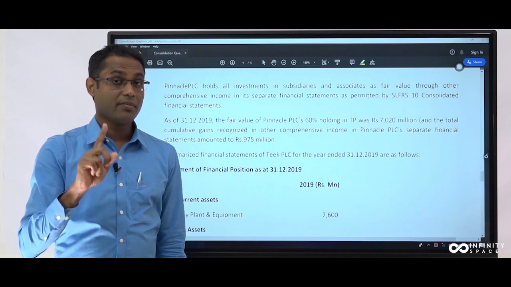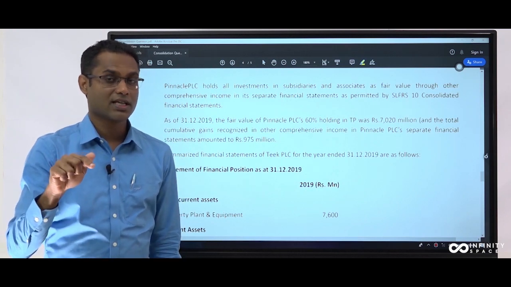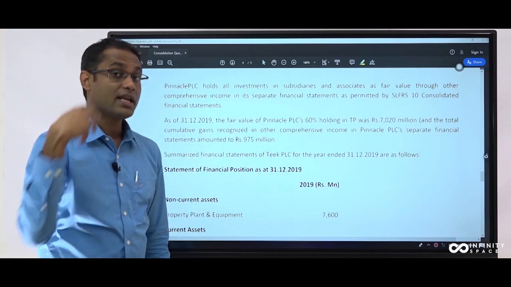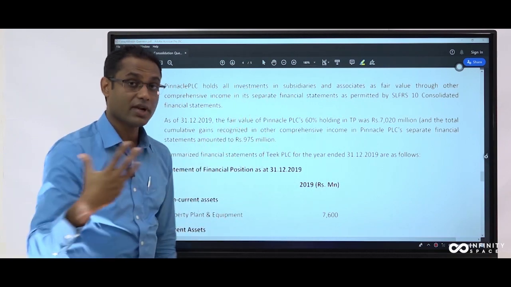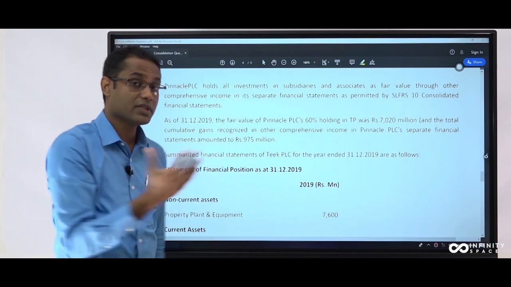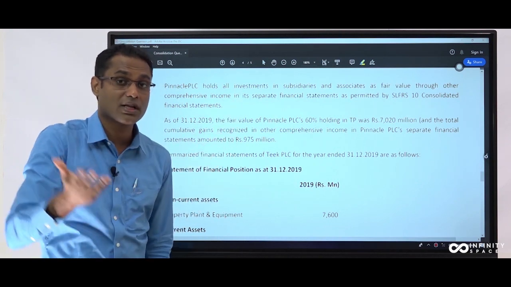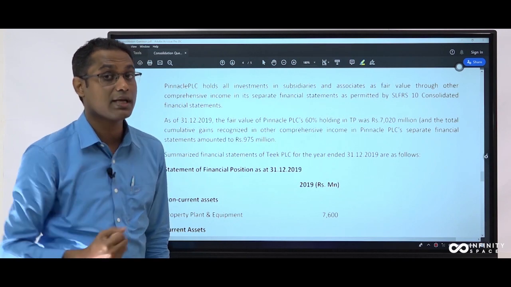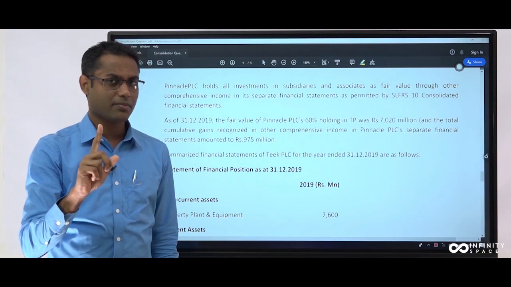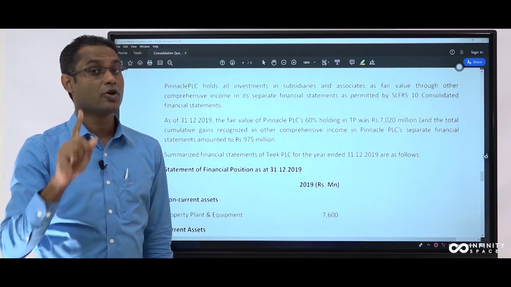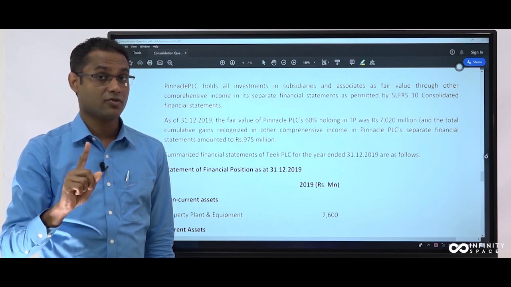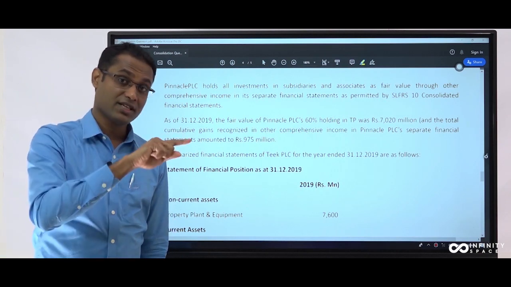But remember, when you prepare the consolidated financial statements, when you fair value an investment in a subsidiary, what is reflected on the parent's individual balance sheet is the fair value at the reporting date, which is 31st December 2019 in this question. But for the consolidation purpose, for the goodwill calculation, you have to take the purchase consideration as the fair value at the date of acquisition.